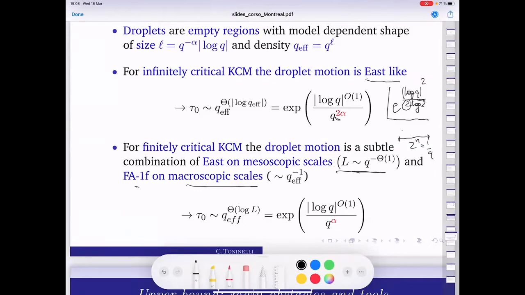But here, what they were missing was the correction. If the question is, will this correction that we find for East with this finer understanding of the entropy correct something here? No, it won't correct the exponent. It will correct just the constant in front.